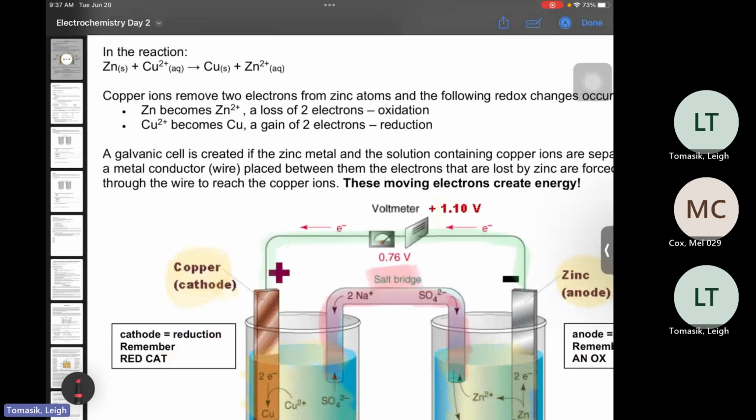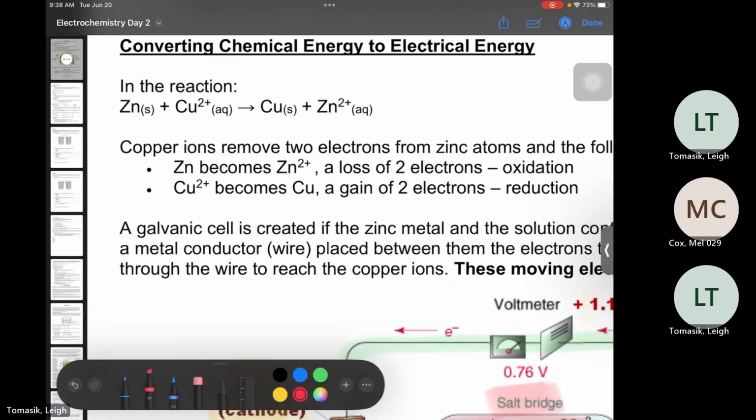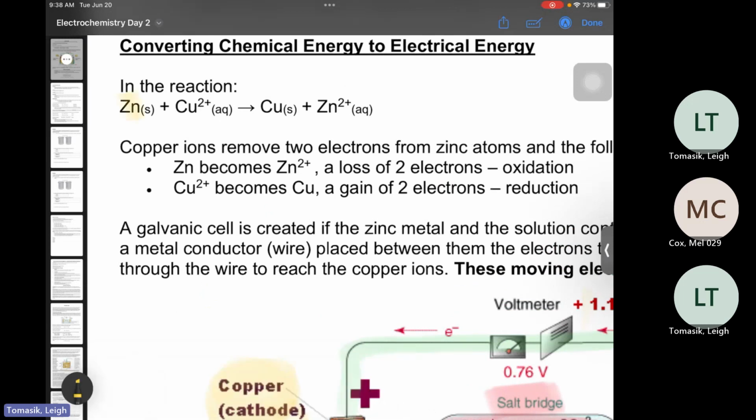Okay, so in this battery, we have a chemical reaction going on, a redox reaction. And the redox reaction is right here. It says that zinc metal, solid zinc metal, right?